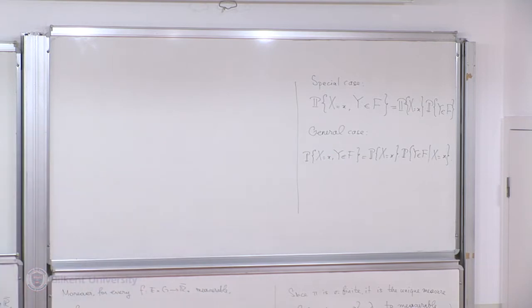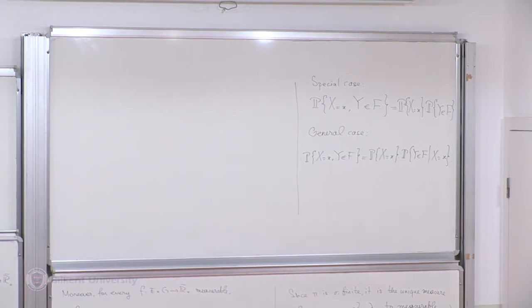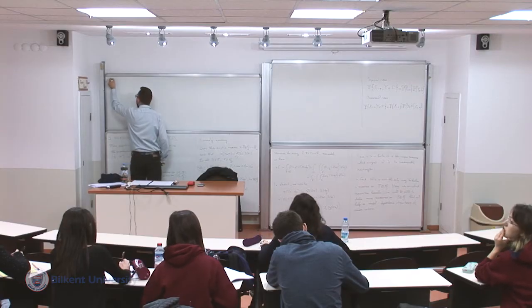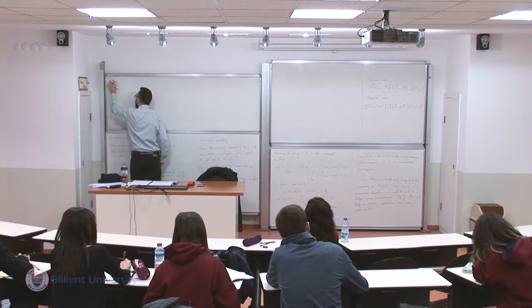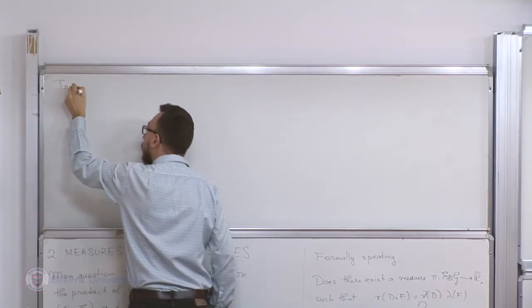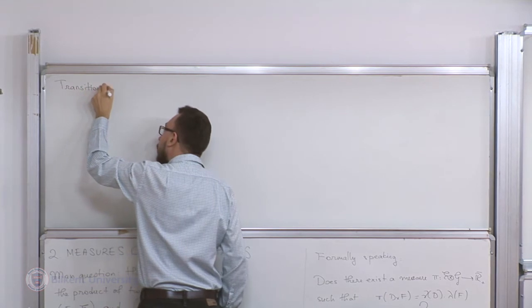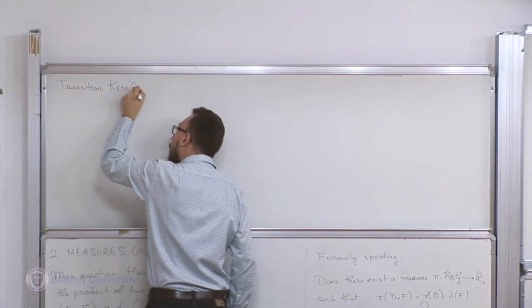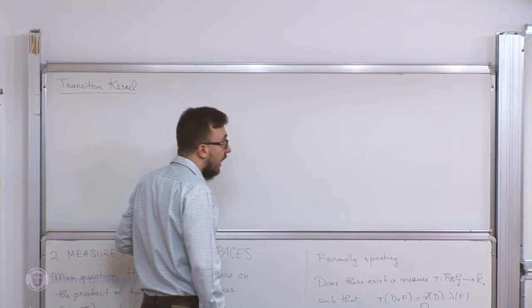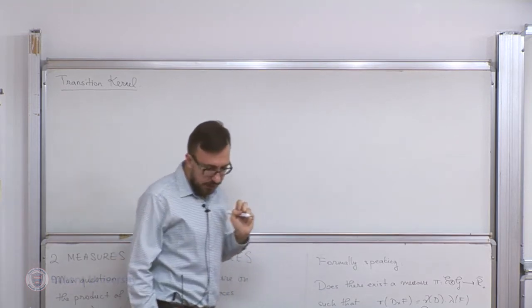So now comes the abstract framework: transition kernel. What is a transition kernel? We're going to have two spaces again.